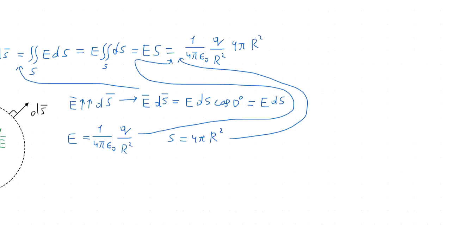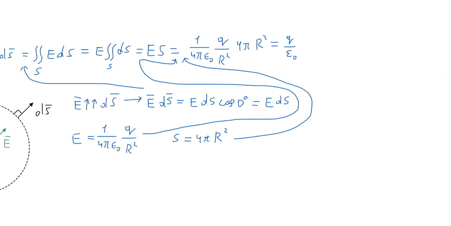And after simplifying, we get that it is charge q divided by epsilon 0.